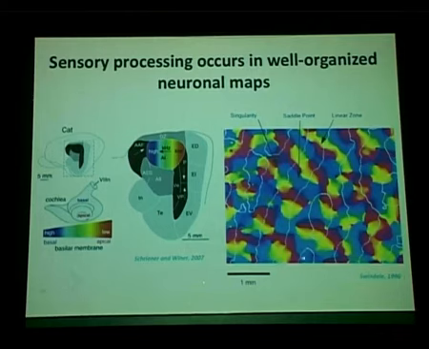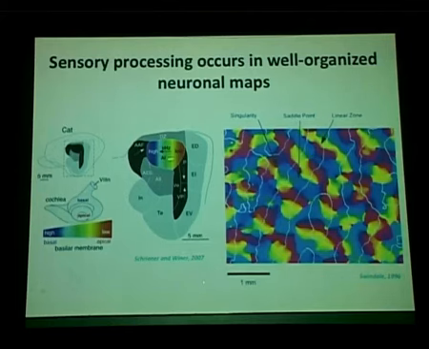And you have orientation maps, where if you traverse along a certain direction, as long as you don't get into these singularities over here, you will see a smooth gradation of various different orientations. These different colors are representative of different orientations, and as you traverse along this line, the orientation selectivity of neurons at this space is slowly varying.